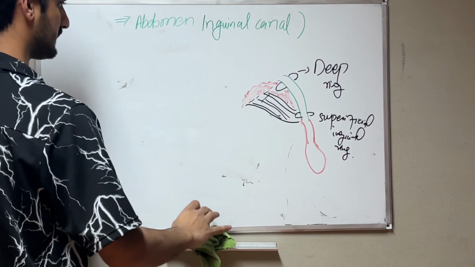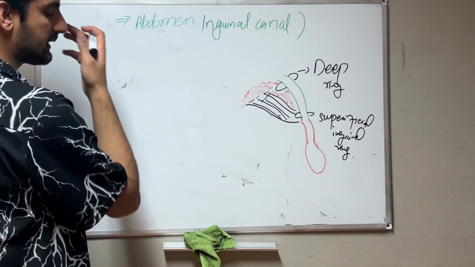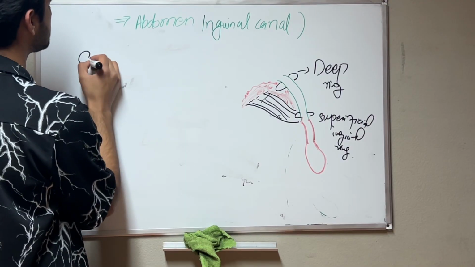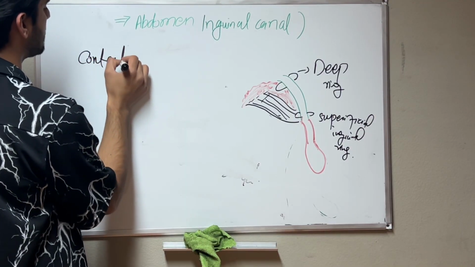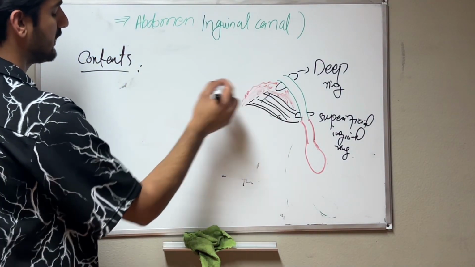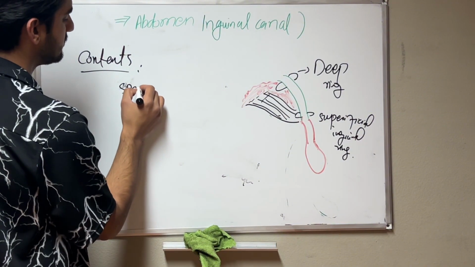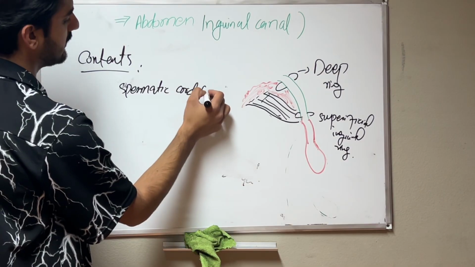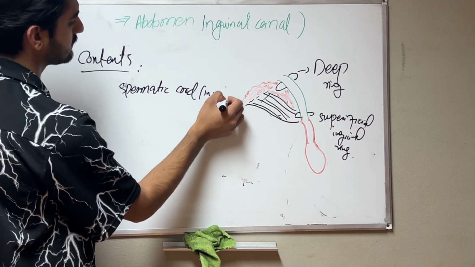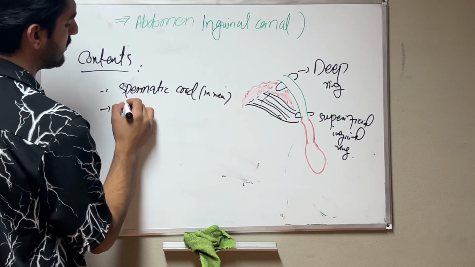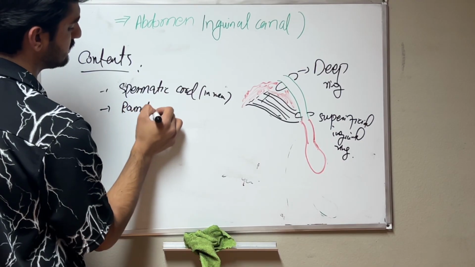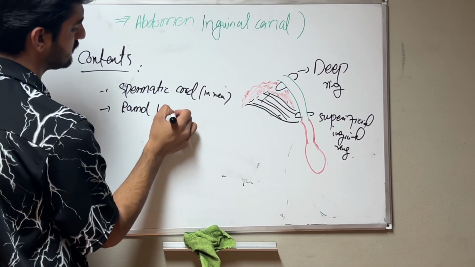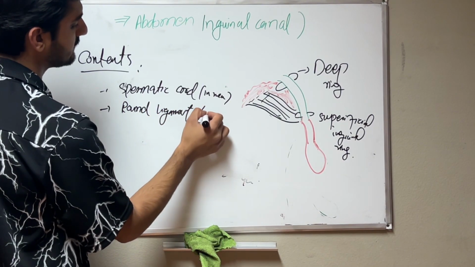If we talk about the contents of the inguinal canal, then we have the spermatic cord in males and the round ligament in women.